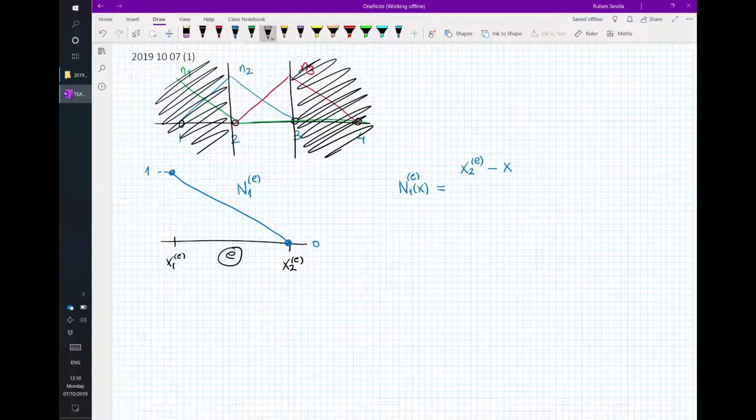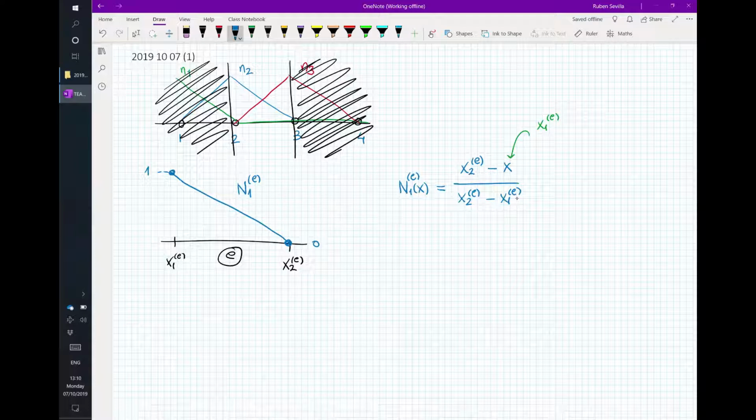If I insert x2, I will get 0. And that's one of the conditions I wanted, that the shape function takes value 0 at x2. But now, if I insert x1 here, I want this to take value 1, correct? So I scale it. I divide by x2 minus x1. And that's it. I just built a shape function that satisfies the 2 conditions I need. Do you agree?